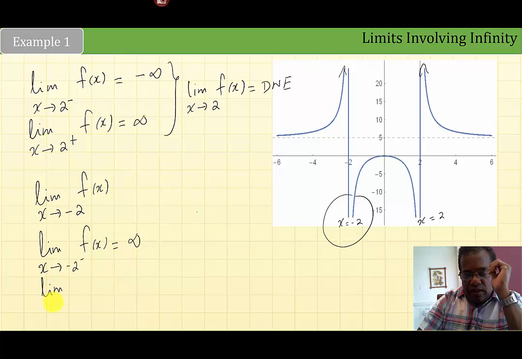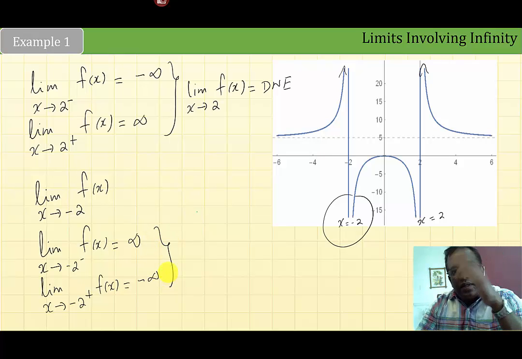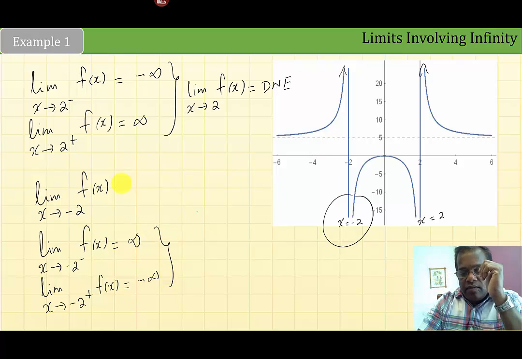And the limit as x approaches negative 2 from the right, or negative 2 plus, you can see the graph goes all the way down over here, which is negative infinity. Now the left limit is not the same as the right limit, therefore this one does not exist.